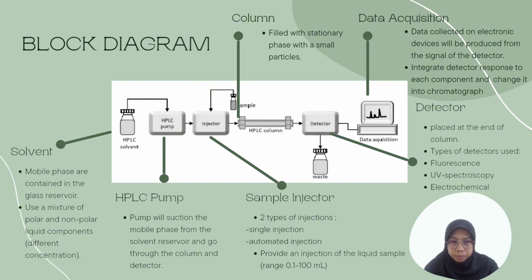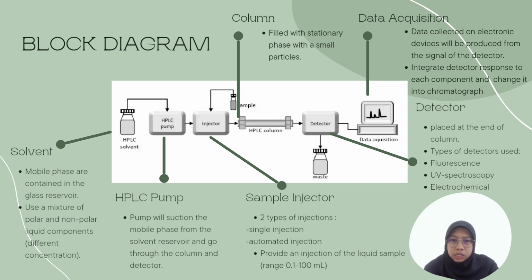Next, the pump aspirates the mobile phase from the solvent reservoir and forces it through the system, column and detector. Depending on several factors, including column dimension, the particle size of the stationary phase, and the flow rate and composition of the mobile phase, operating pressures of up to 42,000 kilopascals can be generated.